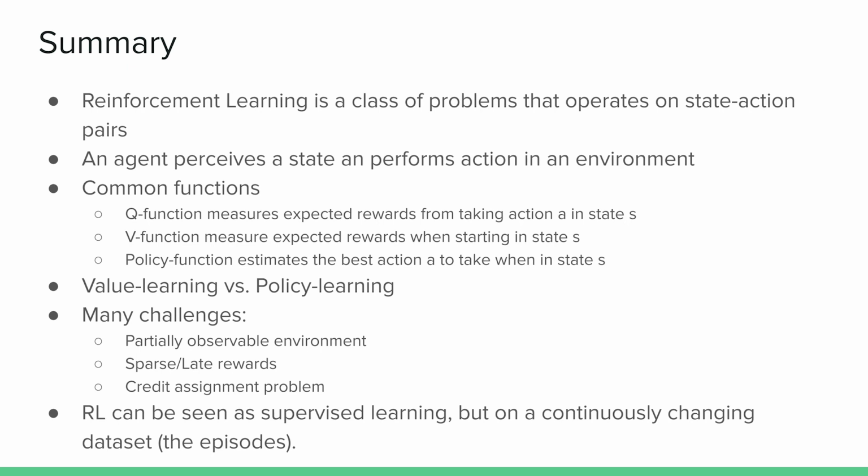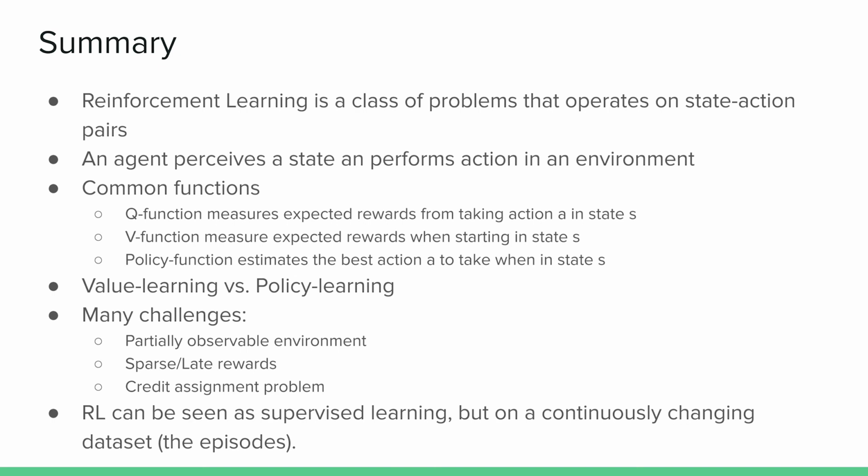Summing up, reinforcement learning is a class of problems that operates on the state-action pairs that we've seen, where we have an agent in our environment and we perform an action in that environment, and then we can observe how the state of that environment has changed.